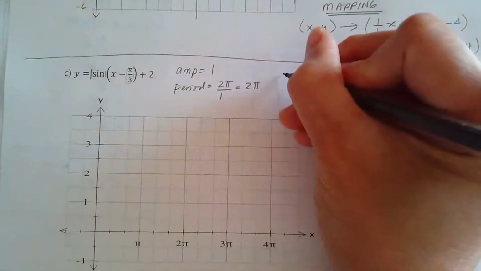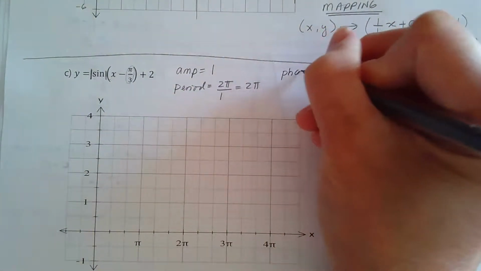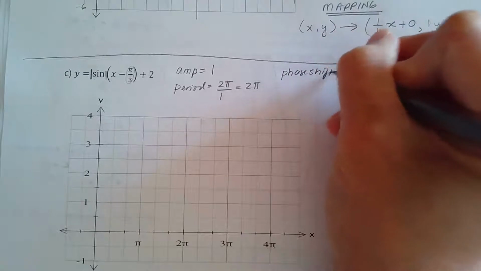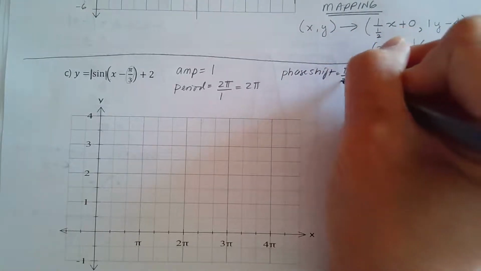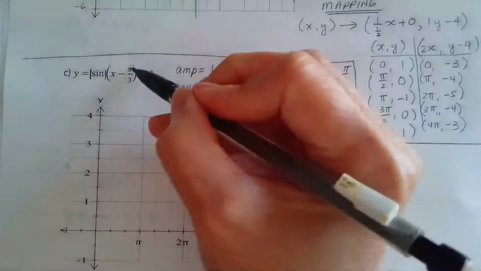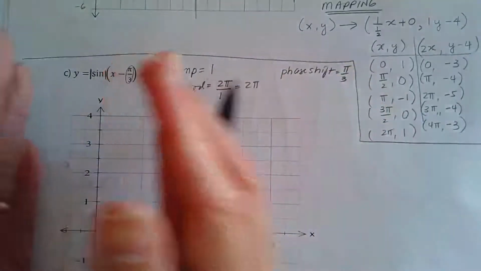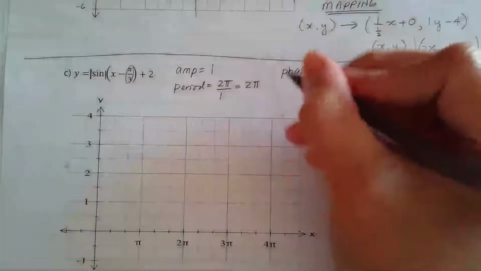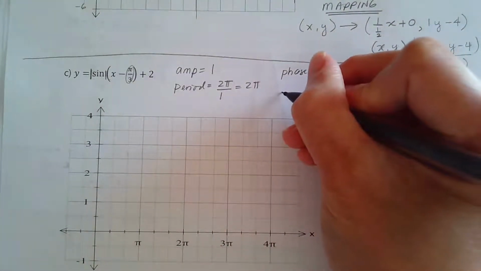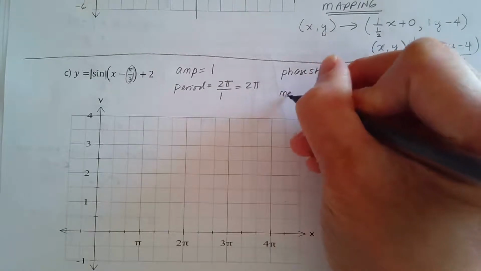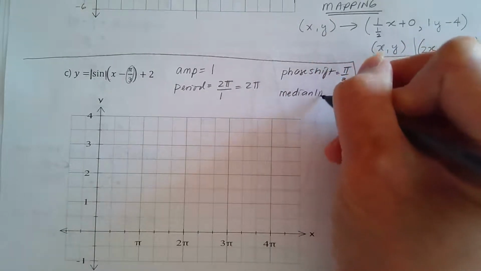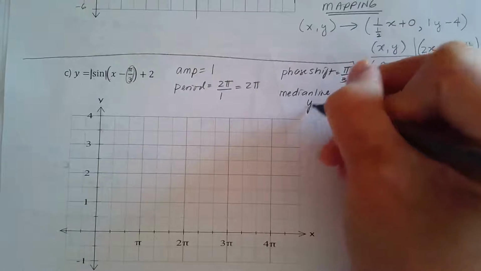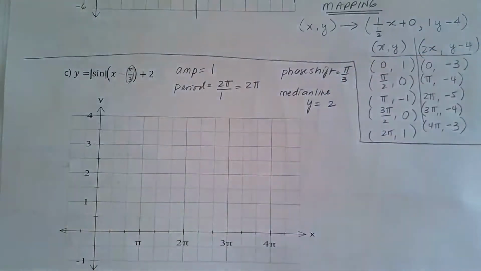That means the C value is pi over 3. We're going to start over there, pi over 3, shifting to the right. And then a vertical shift means our median line would be at y equals positive 2.